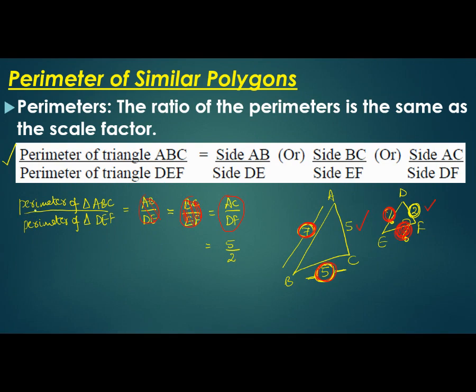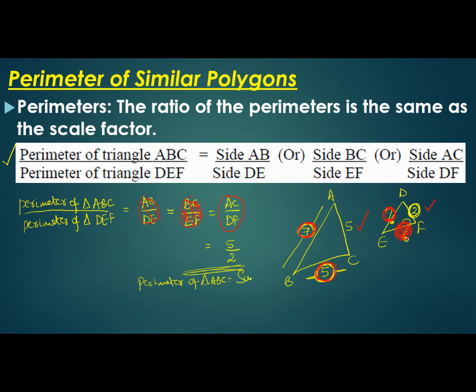Next, when it comes to the perimeter of any polygon for that matter, we take the sum of all the sides. So let me do it here separately. What is the perimeter of triangle ABC?